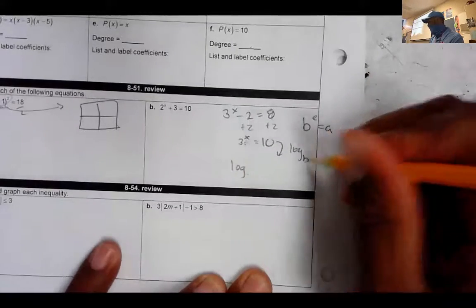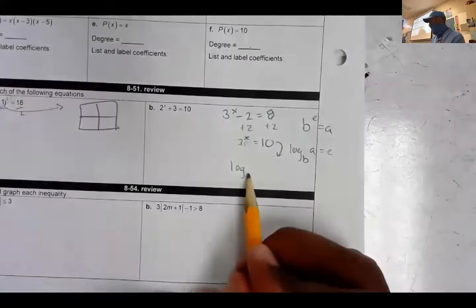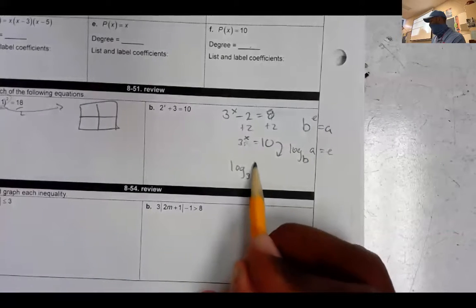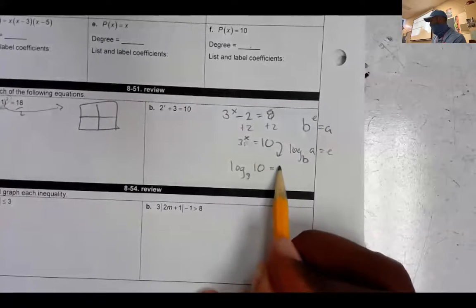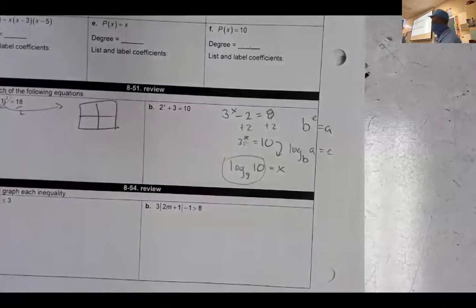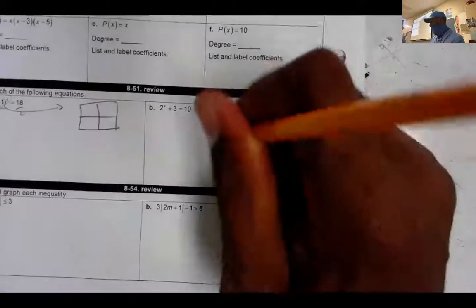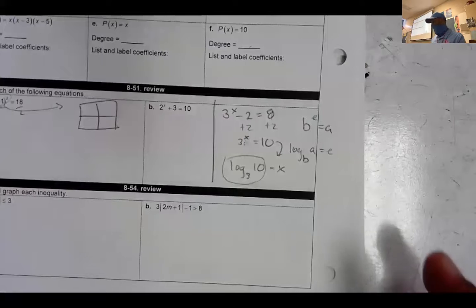So when I put it in log form, base goes here, a goes here, and e goes here. So what would I put here? 3. What goes there? 10, and equals what? X. Now what you're going to do is plug that into a calculator. Okay, but again, just remember that's not the same problem. That's just an example.